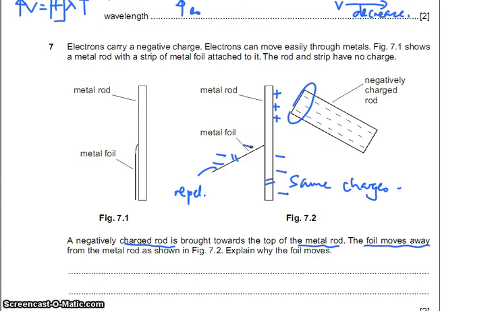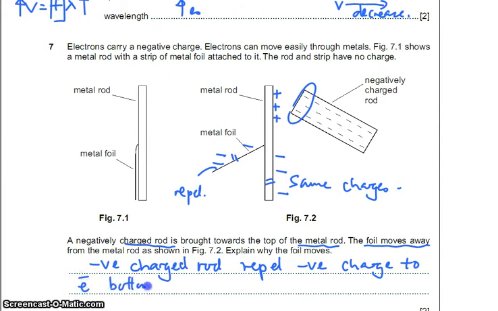Maybe we can start off by saying that the negative charged rod will repel negative charge to the bottom of the rod and the metal foil.